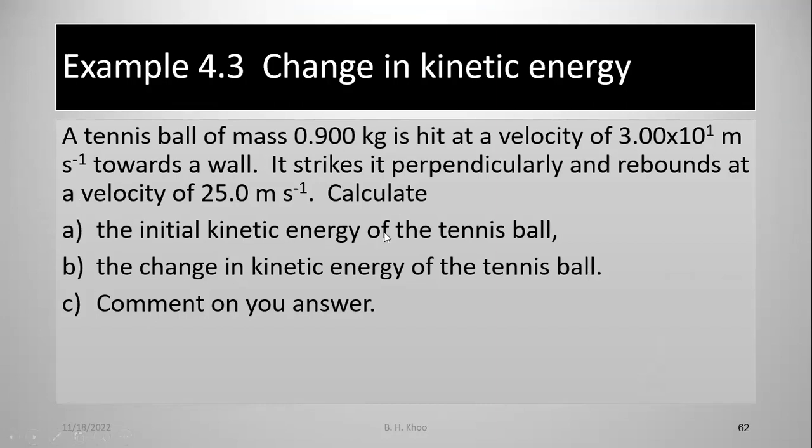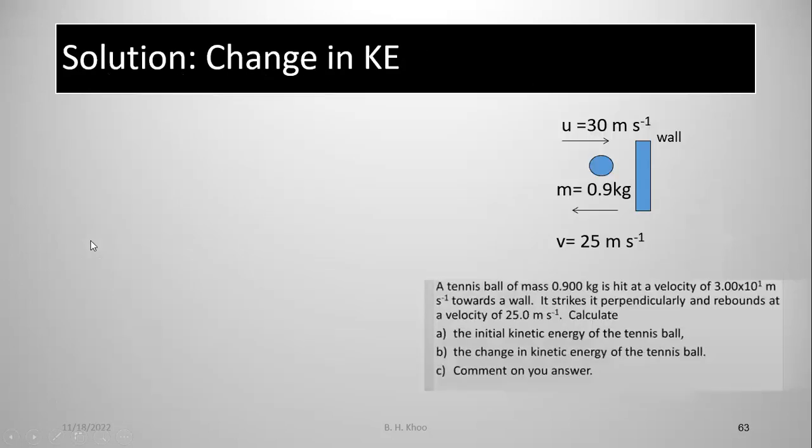Calculate the initial kinetic energy of the tennis ball, and the change in kinetic energy of the tennis ball. Comment on your answer. Okay, draw a rough picture. Solve the equation. Understand it in your mind or draw a rough picture. There's the initial velocity, and after collision, the final velocity. That's the question.